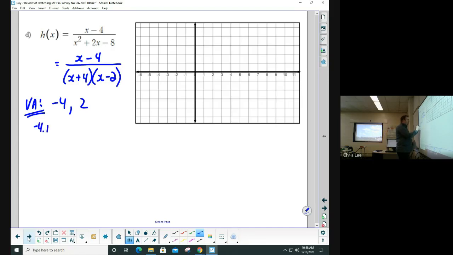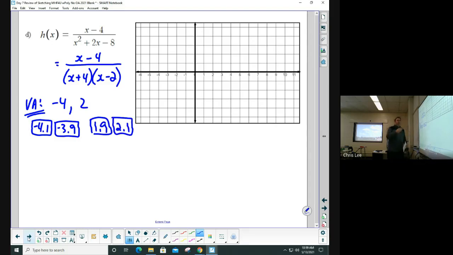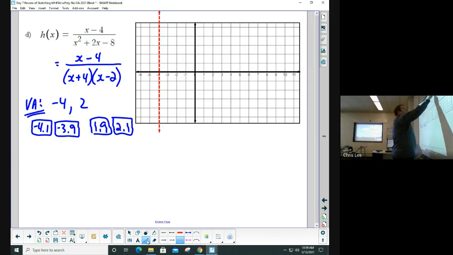So -4.1 and -3.9 and 1.9 and 2.1 are all the test points. We got to do test points on both asymptotes. Let me draw the asymptotes too while I'm thinking about it. So one of them is at -4. And the other one is at +2.